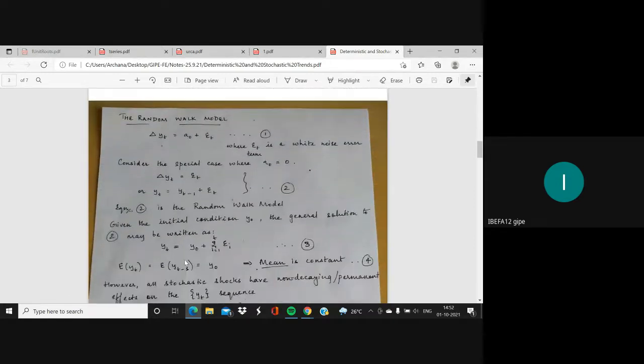Now let's look at a specific case and try and understand how we go about testing for stationarity and so on. If you understand these models, then you'll understand the logic behind the unit root tests and stationarity tests that we conduct. So for a random walk model, first just take this equation, then we'll look at the random walk model itself.